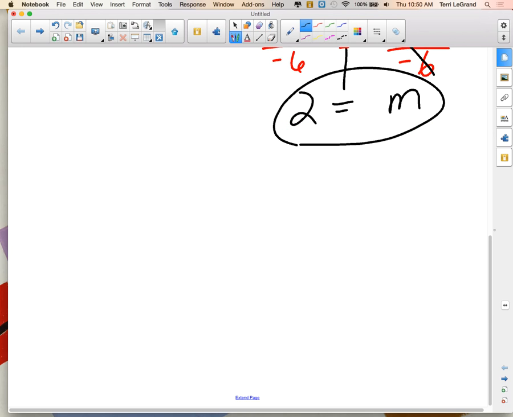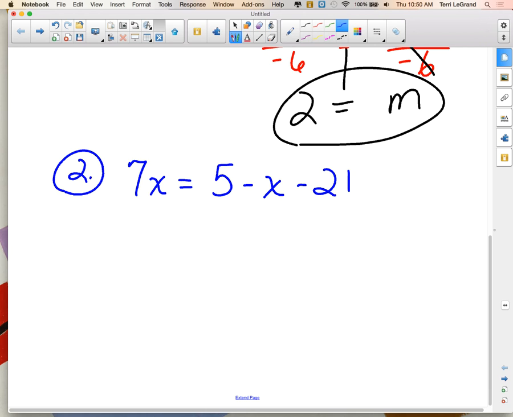You ready? Number 2. Now you know how much work you have to show, so you know how much space you need, right? 7x equals 5, take away x, take away 21. First thing I see is subtraction. So I'm going to rewrite it how?